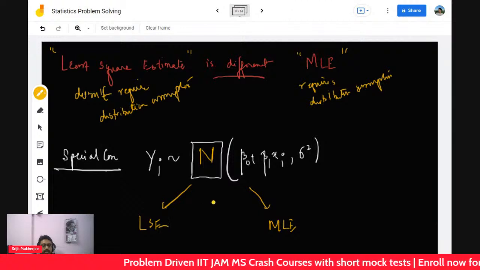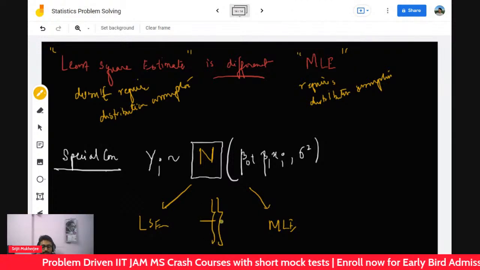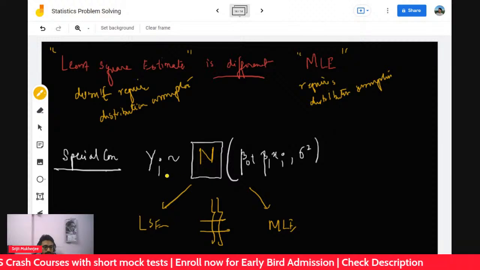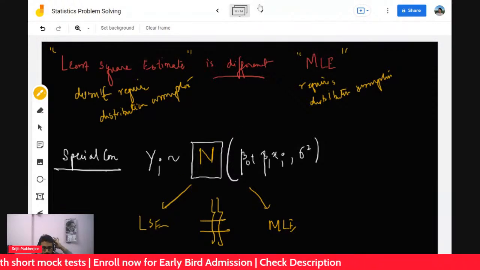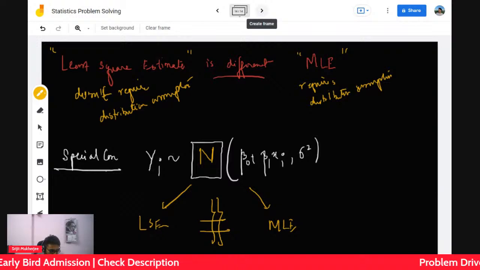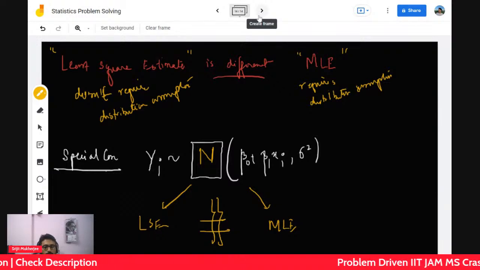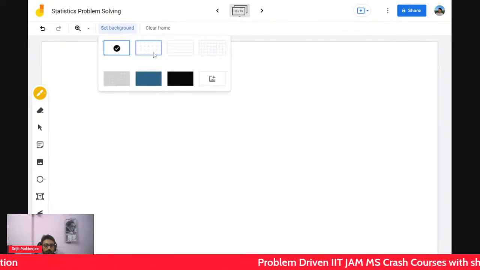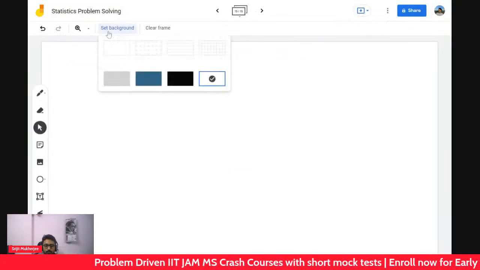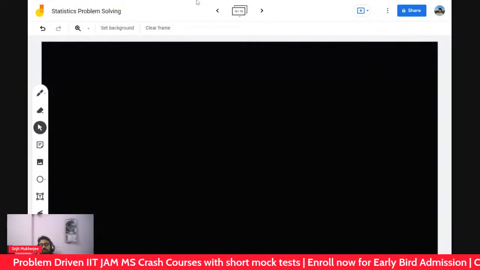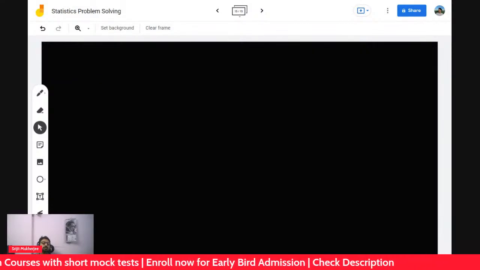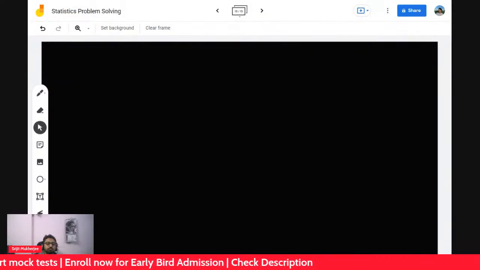We will show that they are equal. Okay, let's go ahead to it. So if we assume the distribution to be normal, then least square estimate is equivalent to the MLE estimate.